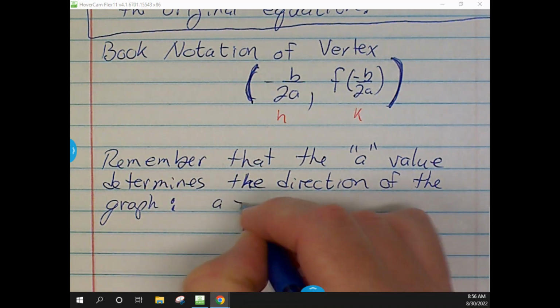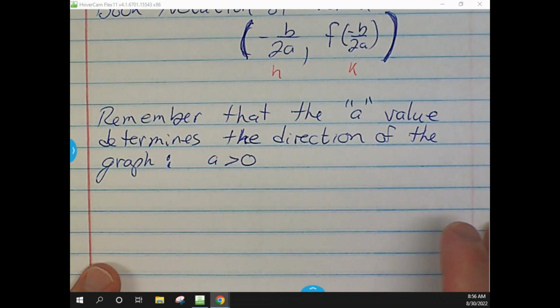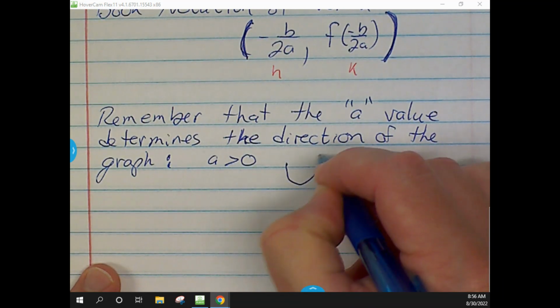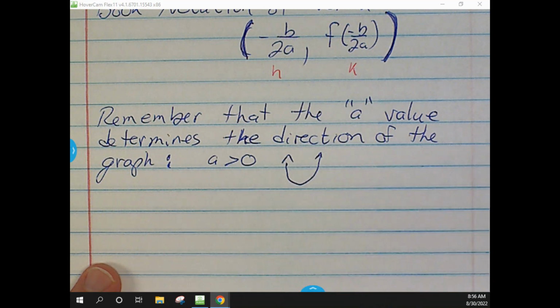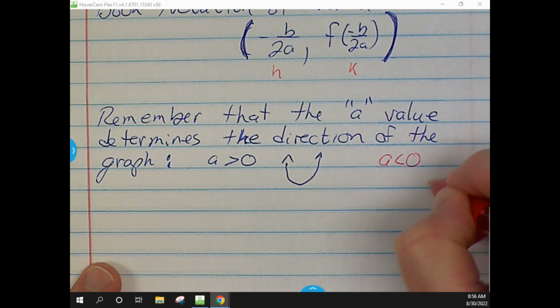So if your a is positive, which again, basically means that your a is greater than 0, it does that. And if a is negative, it does that.